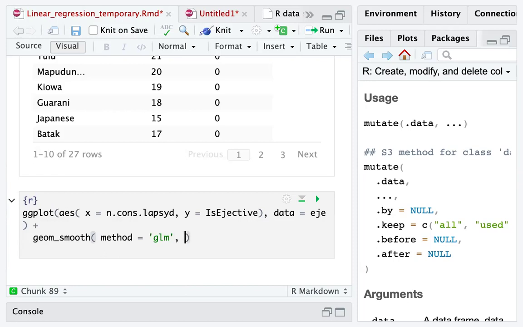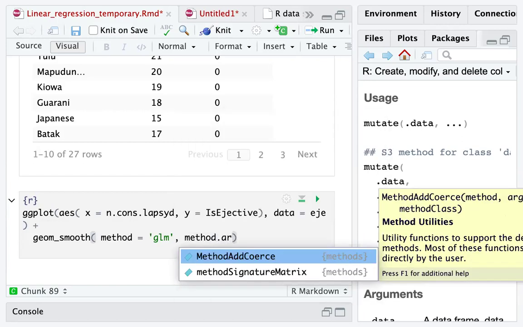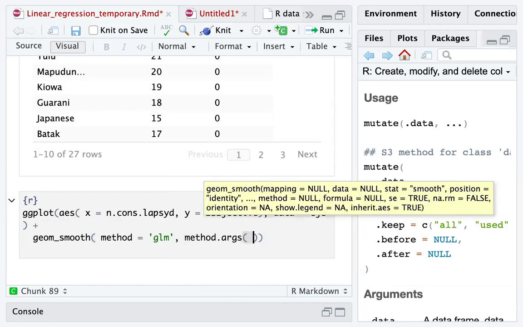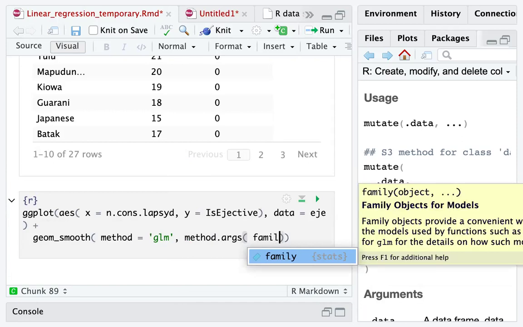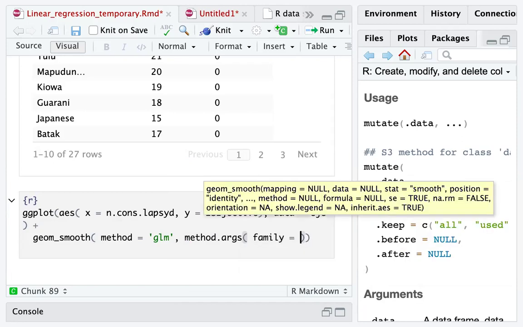And we have to pass the arguments the method uses, because there are many generalized linear models, and we use a binomial one.